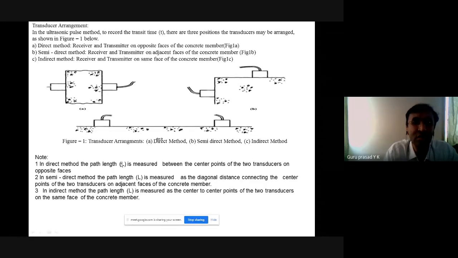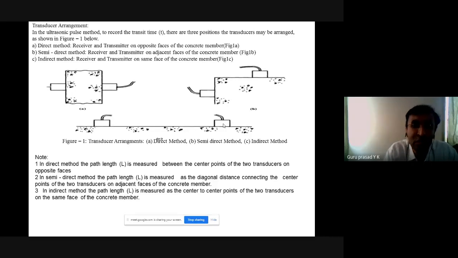In the case of the semi-direct method, it is the inclined distance between the center of the transmitter and the center of the receiver. That is the path length. In the case of the indirect method, the third one, the center to center distance between the transmitter and receiver probes is the path length.